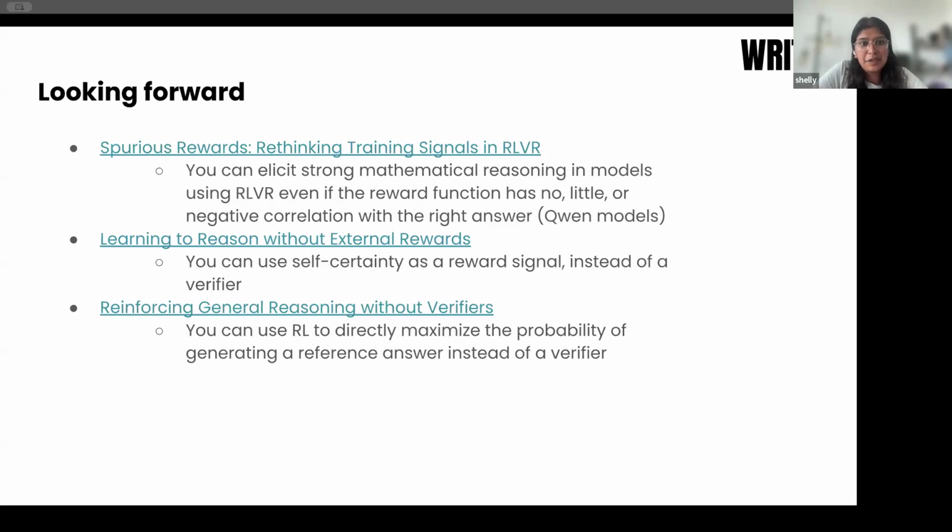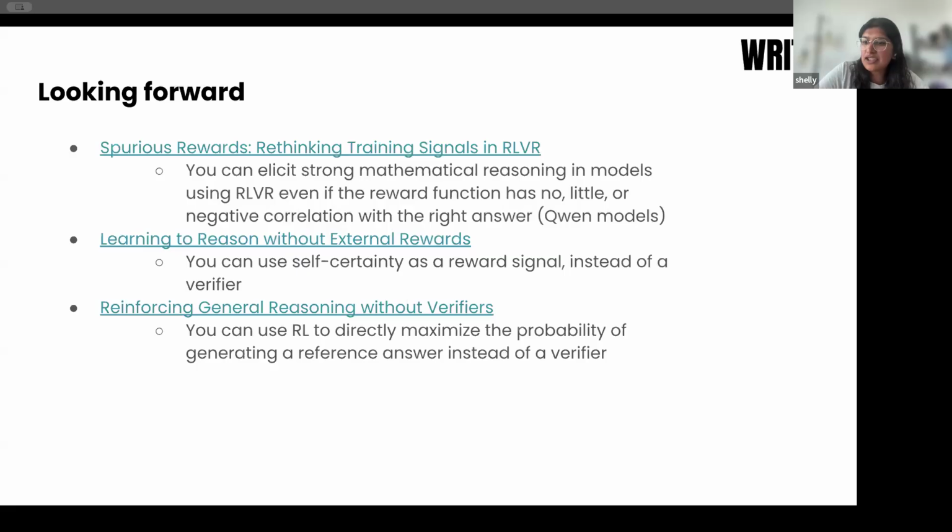So the first, Spurious Rewards, is, I believe, from Allen AI. And they showed that for Qwen models specifically, when you do RL training, the reward function doesn't necessarily need to be correlated with the right answer in order to get strong mathematical reasoning. This was speaking to a potential undertraining of Qwen models, and also to the idea that we need to investigate more carefully how we're surfacing aspects of model performance through RL.